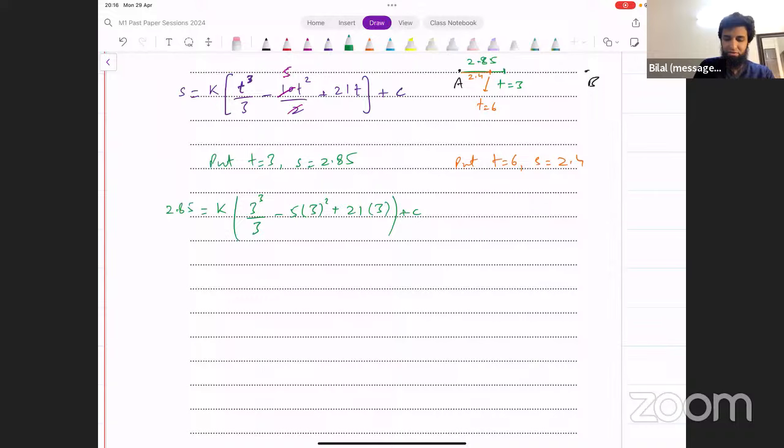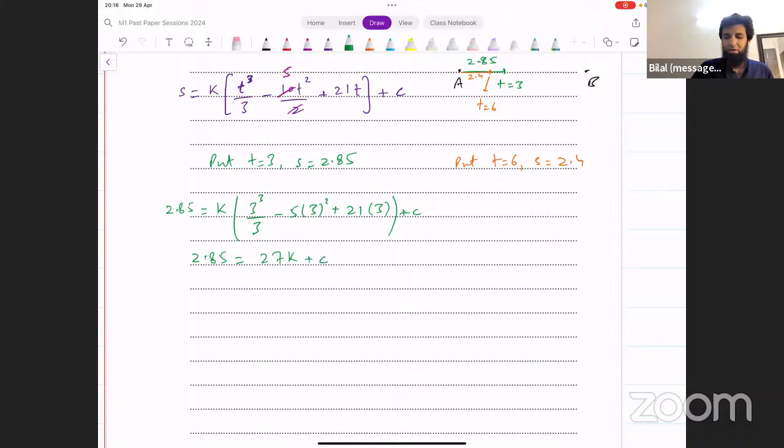Now you can simplify this whole thing, and that will give you 2.85 equal to 3 cubed, which is 27 over 3, minus 5 into 9, plus 21 times 3. And that's giving me 27. So that's 27k plus c.